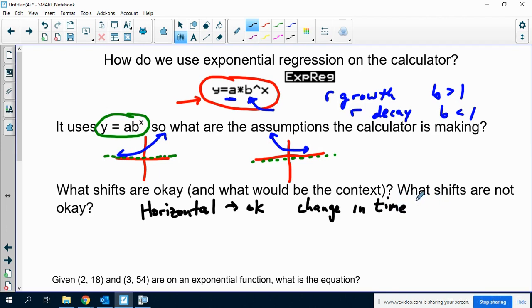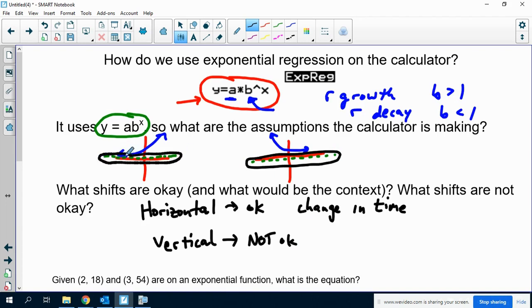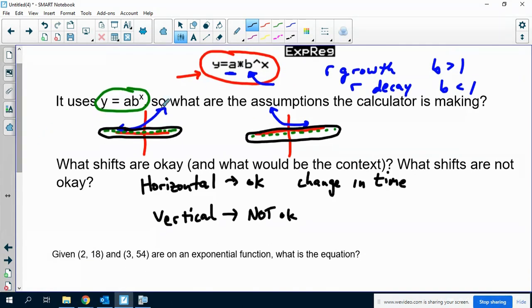That would be okay. So horizontal shifts are okay. The things that are not okay are vertical shifts. Vertical shifts are not okay in these types of problems because we have to assume that we have an asymptote at 0, because there's no other way to go about it in these problems. They don't have a plus C or anything.